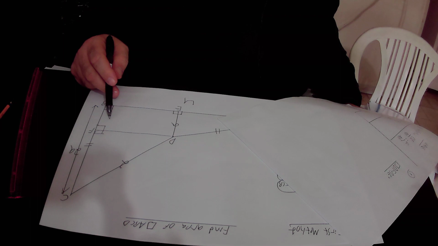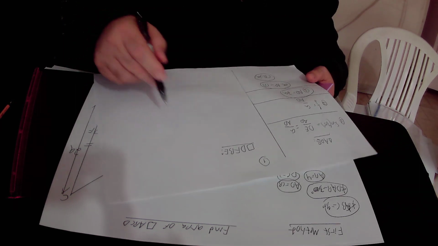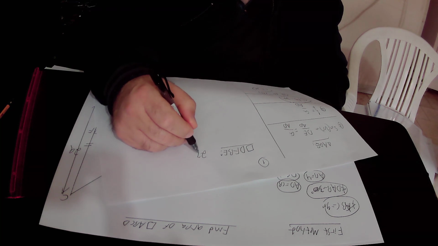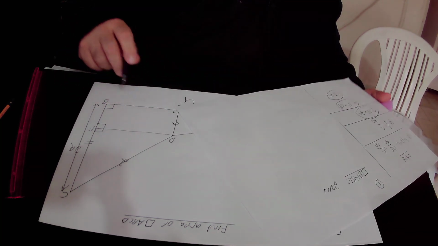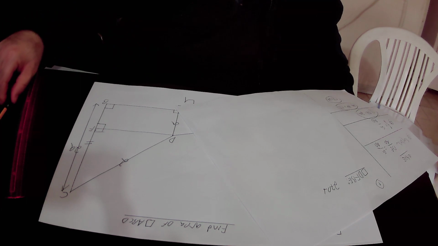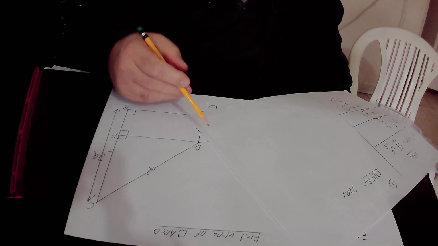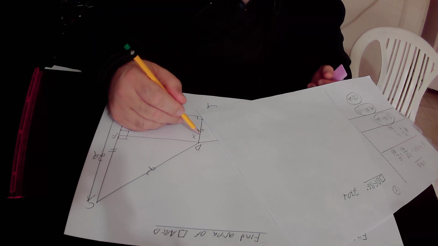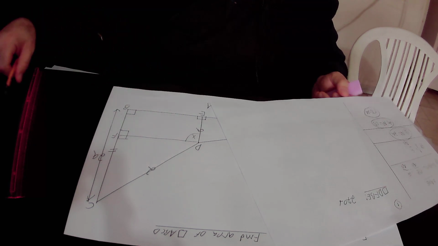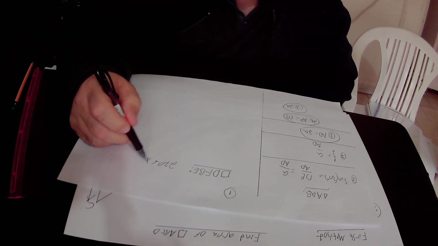The sum of three right angles is 90 degrees times 3, which is 270 degrees. Plus, we define the fourth angle as angle X.